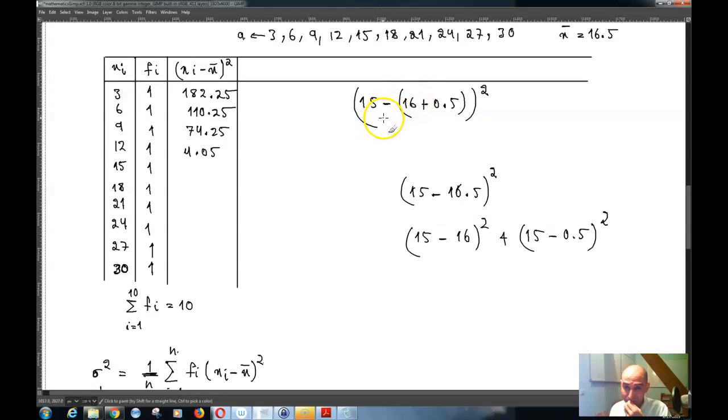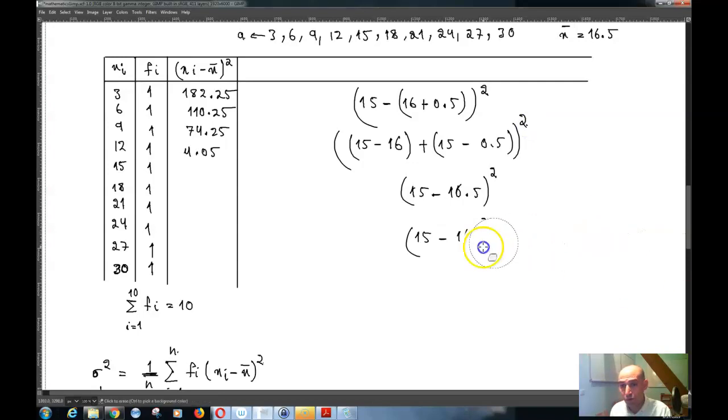I think you can write this as 15 minus 16 plus 15 minus 0.5, and then square the whole thing.